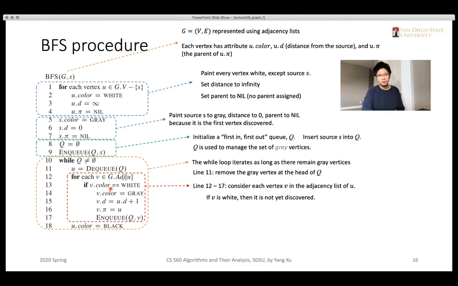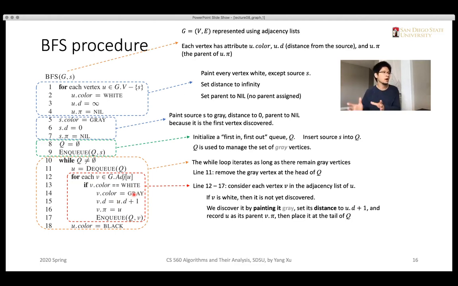So we will paint it gray, to mark vertex V as discovered.